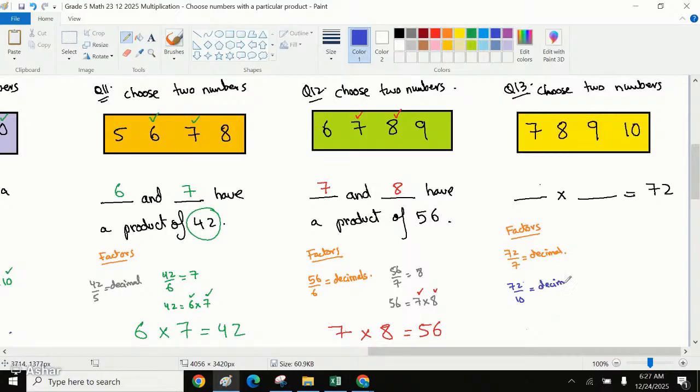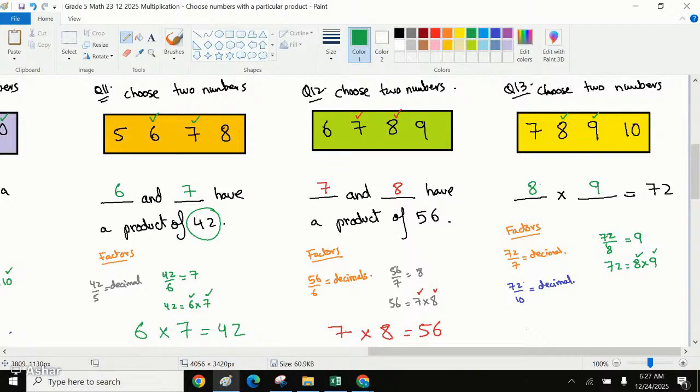It still is a decimal number. Let's try 72 by 8. 72 divided by 8 is 9. That means 72 can be written as 8 multiplied by 9. So we have both of these in the options, 8 and 9. So 8 multiplied by 9 is equal to 72.